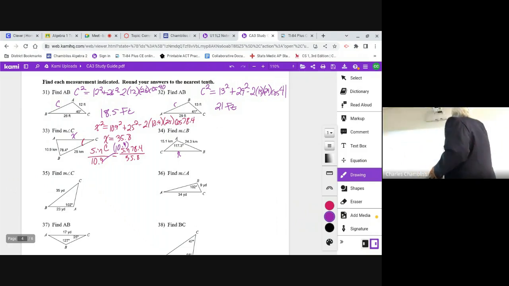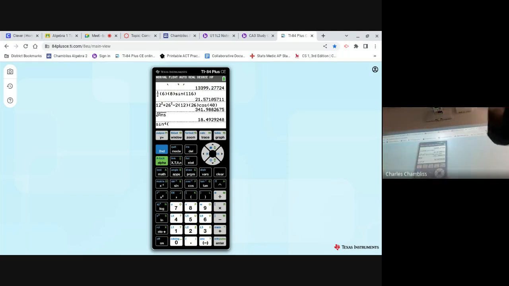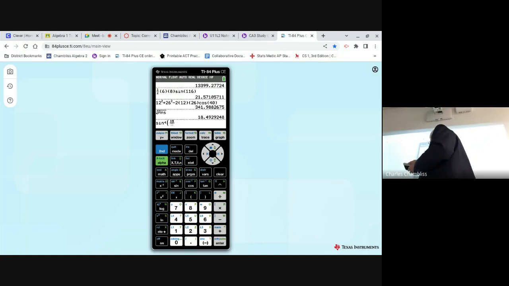Okay. I'm going to go here. Second sine. When you're trying to find an angle, you have to use one of the inverse trig functions. So second sine, and then my fraction inside here, 10.9 sine 78.4 over 35.8.